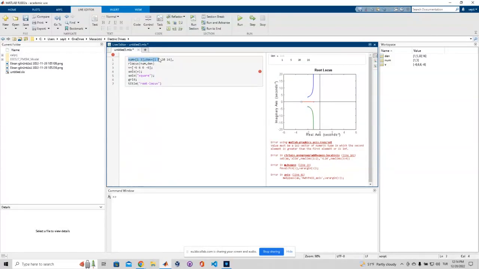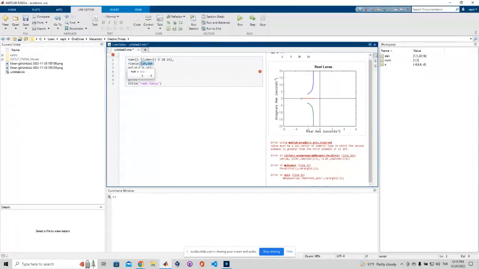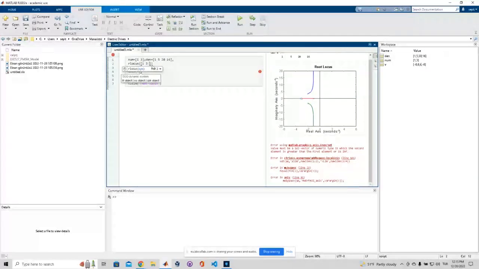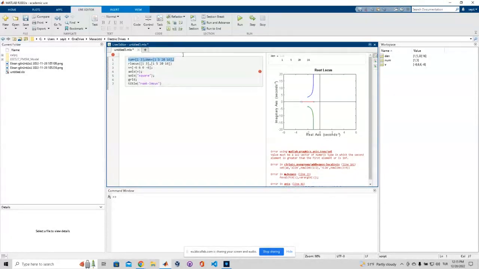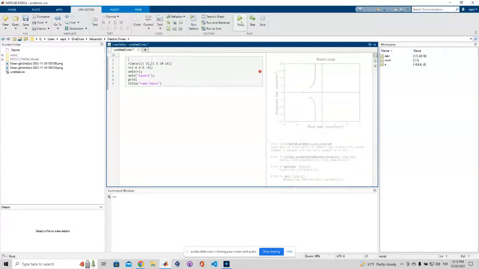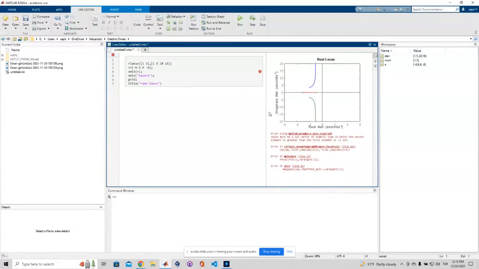So this is your system, or you can define it in another way, like you can just put your transfer function here, 1, 3, and you can write your denominator here. You can delete this and it will find your root locus again. You can define your system in different ways in here.